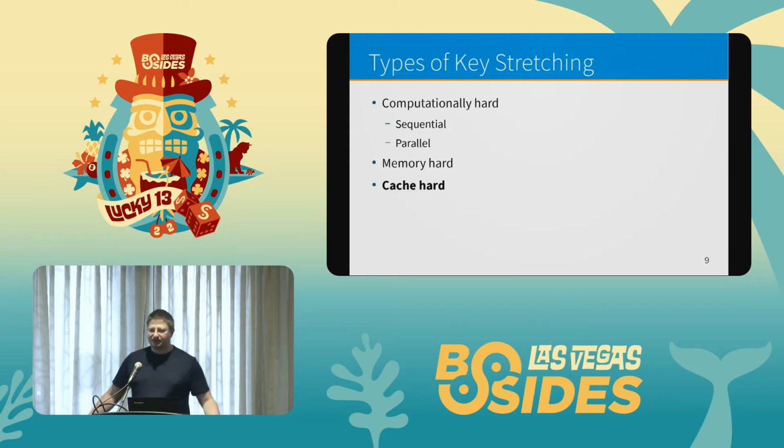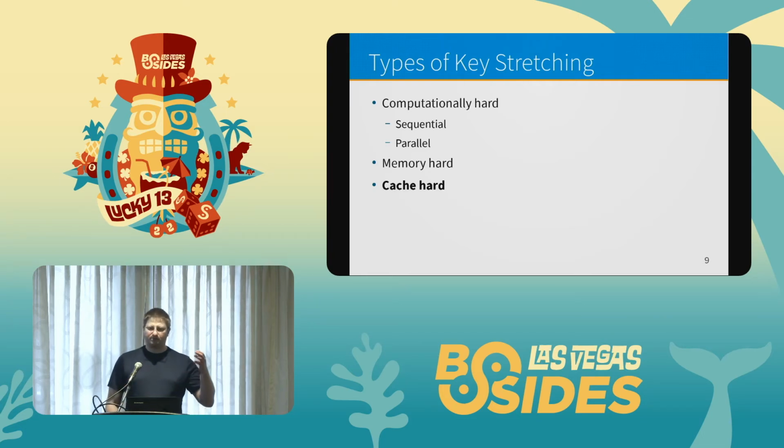So this brings us to cache hard. This is relatively new. Basically, the difference between memory hard and cache hard: memory hard reads sequential blocks of memory. You'll read a kilobyte from memory randomly and then do something with it. Cache hard, you want to do small, fast, random lookups.